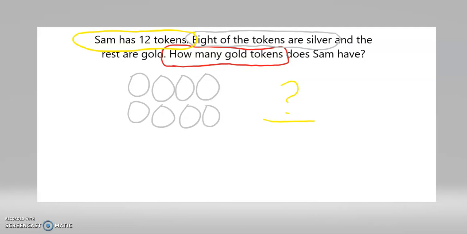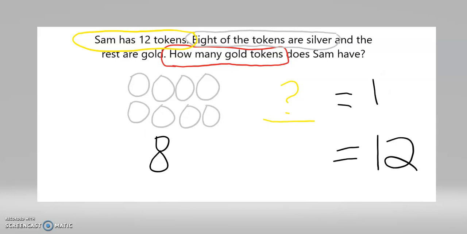But what we do know is, of course, we have 8 silver. And we also know, though, that altogether, there's 12 tokens. So we've been given the total, but we don't know part of the question this time. So how many gold tokens does Sam have?